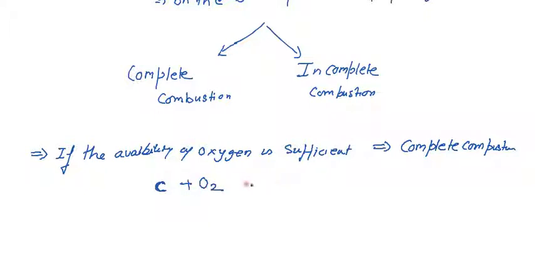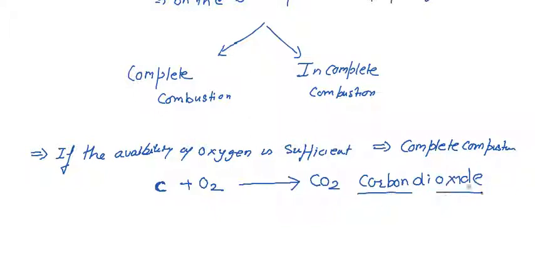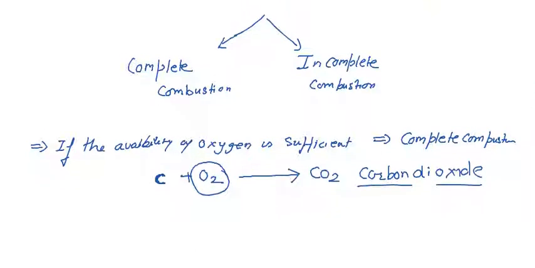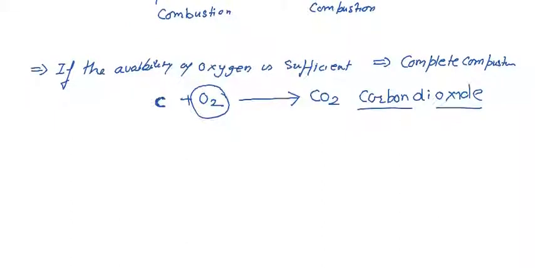So if you are providing a sufficient amount of oxygen, this carbon gets completely burned and converts into the complete product, which is called carbon dioxide. It will burn completely in the presence of a sufficient amount of oxygen. No kind of residue is allowed to form.